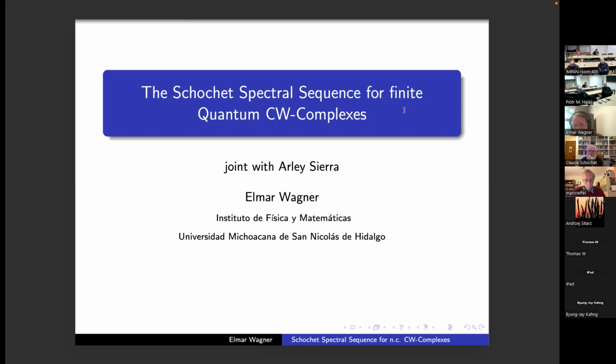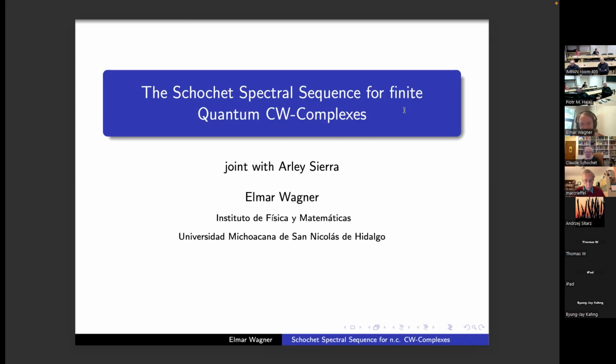And the idea was, or the hope was, to trace back these elements in K0 from the spectral sequence. And we have a nice description of the first differential, as usual. And as usual, what happens for spectral sequences is it's difficult to trace these higher differentials on elements.